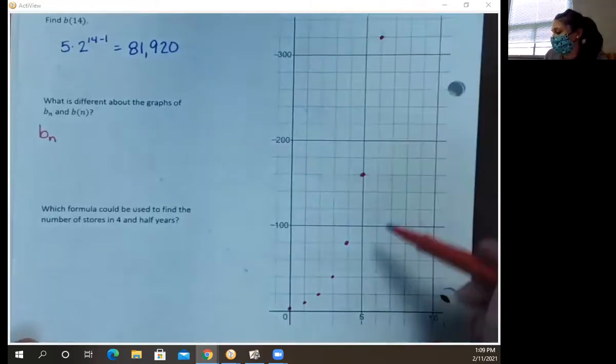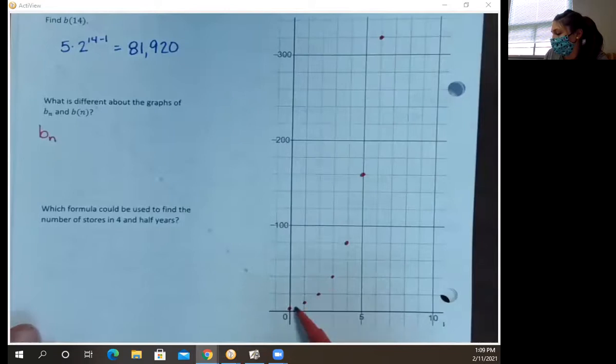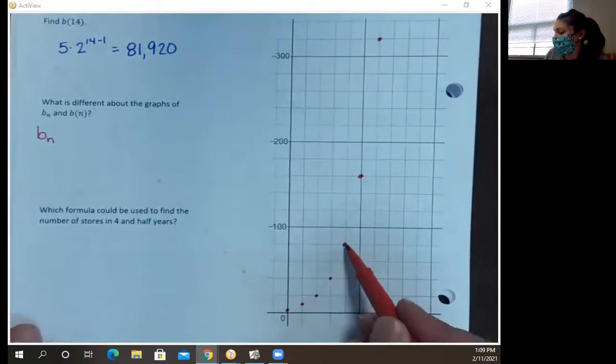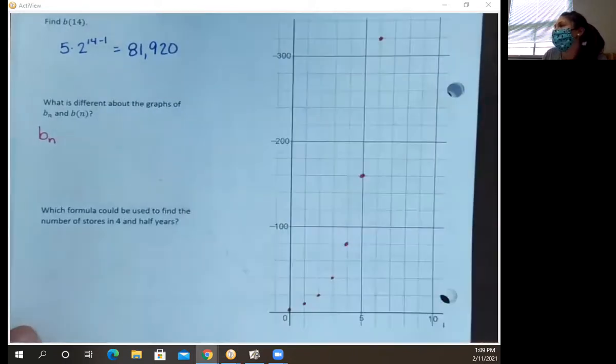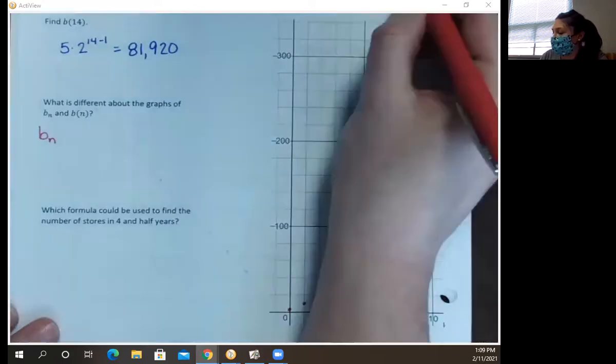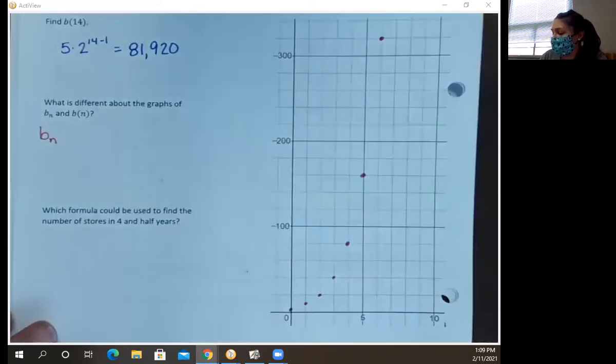Get a graph that looks like this. My first few points are kind of close together, and then the distance between those points spreads out farther and farther. We couldn't fit all of our points on this graph. That's okay. We got to 320. That's all that would reasonably fit here.